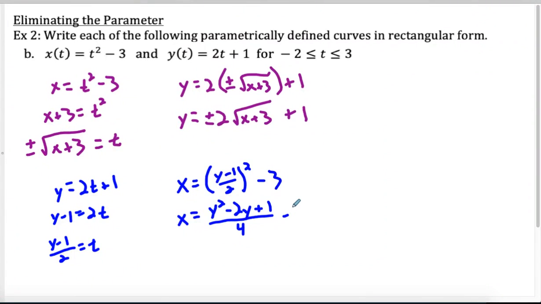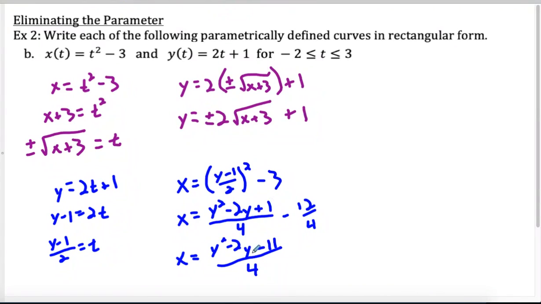So 2 squared is 4, minus 3. So then if I want to combine these, I can write 3 as 12 over 4, so that I get common denominators. And then I can combine my like terms. So I could say this is y squared minus 2y minus 11 over 4.